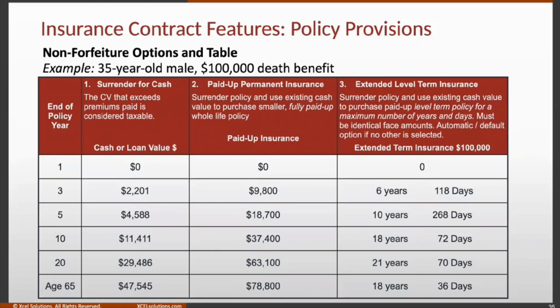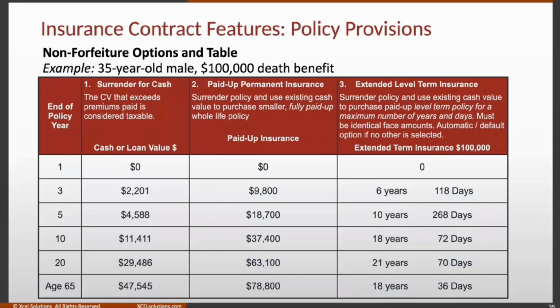But the premium will come from the cash value he's accumulated on his original contract. So when we convert it from whole life to term, same face amount, he'll still have the same amount of protection on his life. That will not diminish in this case. And we will use the cash value on the original contract to pay the premium on that term policy, for as long as it will pay it.